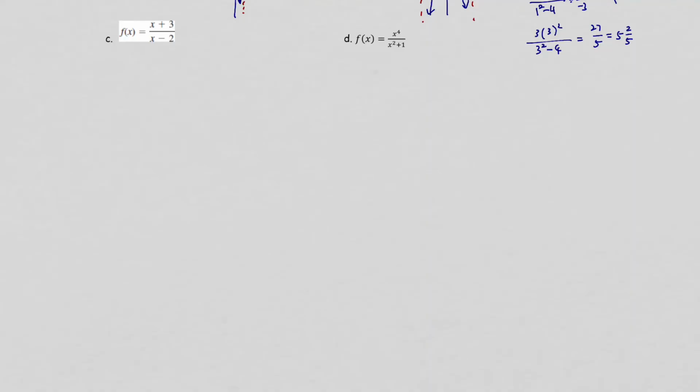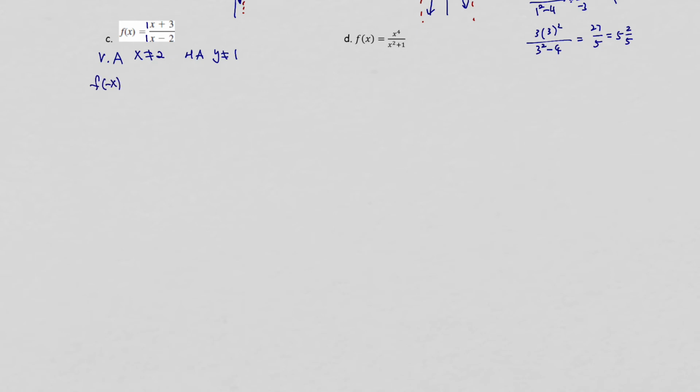I'm going to try a few more examples. So this time we're going to try x plus 3 over x minus 2. Finding the vertical asymptote. This time your horizontal asymptote is 1 over 1, which is 1. And then symmetry.